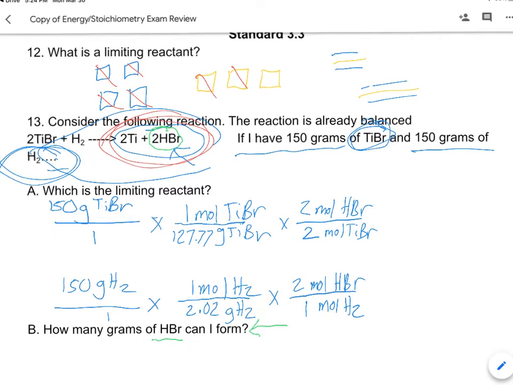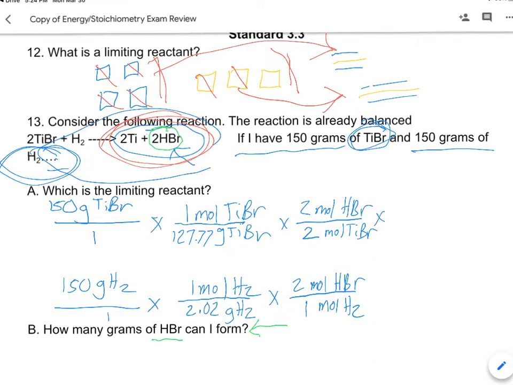Don't calculate one reactant to the other reactant, calculate them both to the same product. So we don't want to say, oh, how much bread do we need for this cheese, and then how much cheese do we need for this bread. We want to say, how many sandwiches can we make with this? How many sandwiches can we make with that? That's the approach we want to make. We want to look at the product.